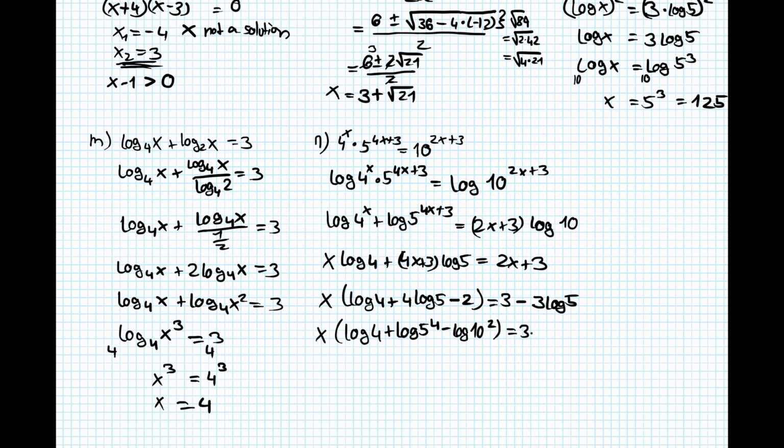Is equal to 3 minus log 5 to the power of 3. Okay. So now let's combine the logs here. Log 4 times 5 to the power 4 divided by 10 to the power of 2.